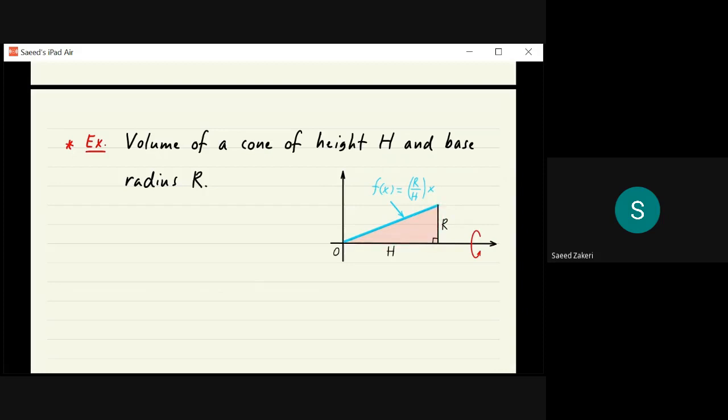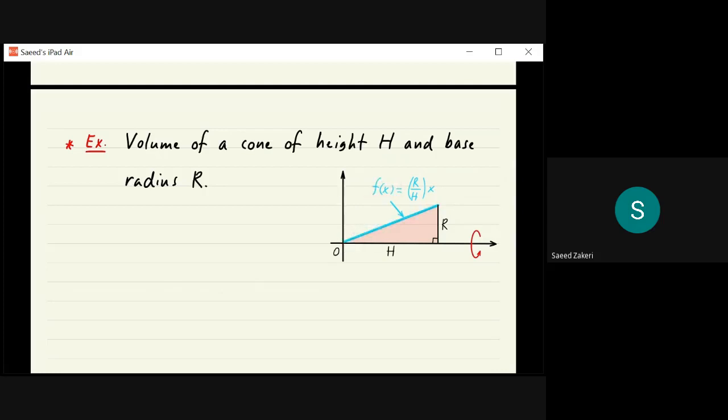Okay, so in other words, the solid cone of height h and base radius r can be thought of as the solid obtained by revolving this region around the x-axis. And this region is the region underneath the graph of this f.